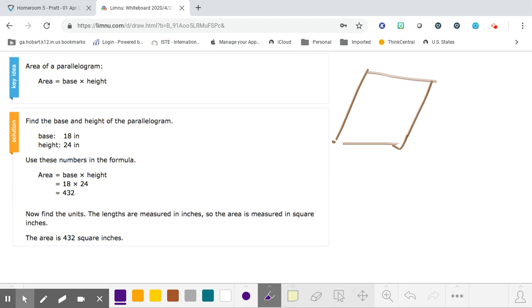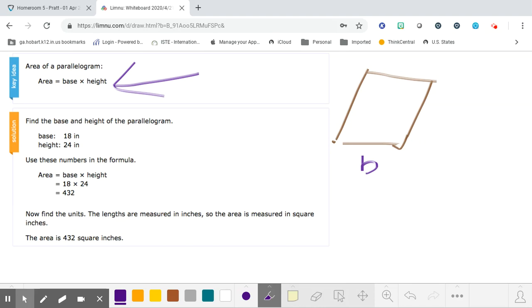Okay, so finding the area of a parallelogram is very similar to finding the area of a square or a rectangle, right? So our formula is area equals base times height. In my example here, we have our base, which is right here. But then how can you find the height if your sides are slanted?